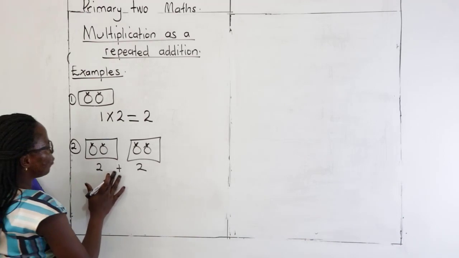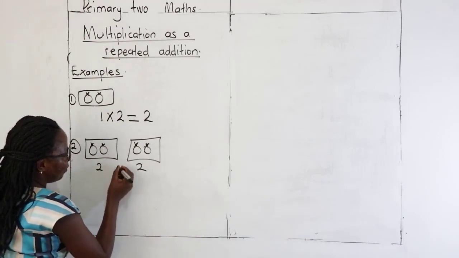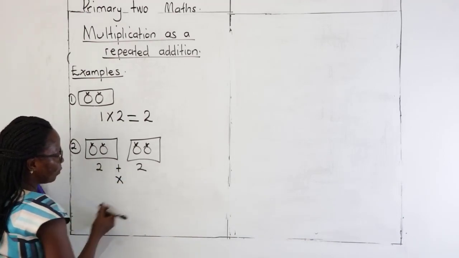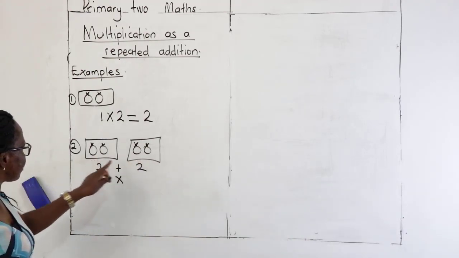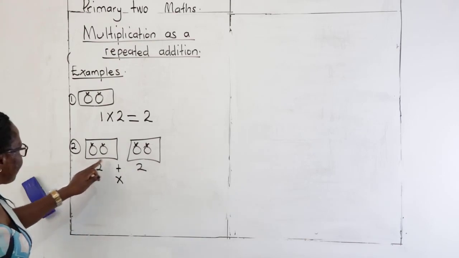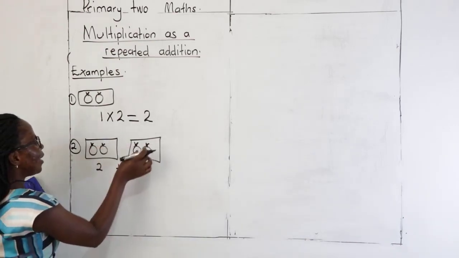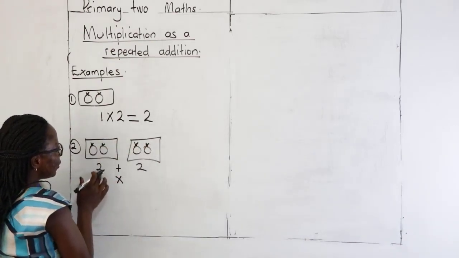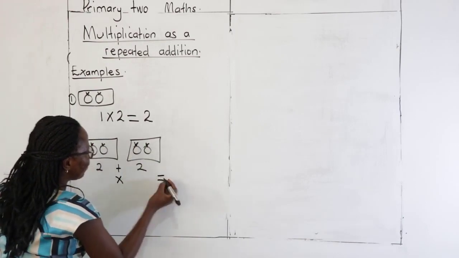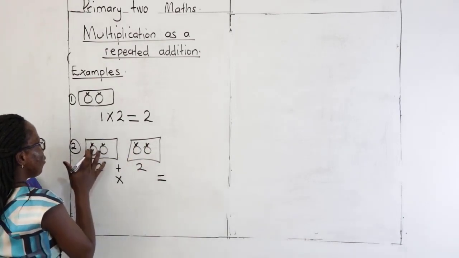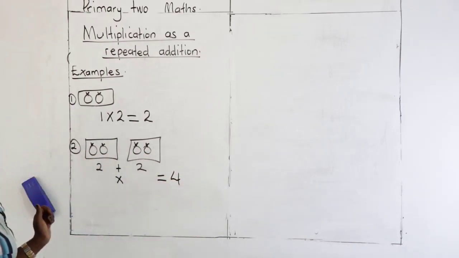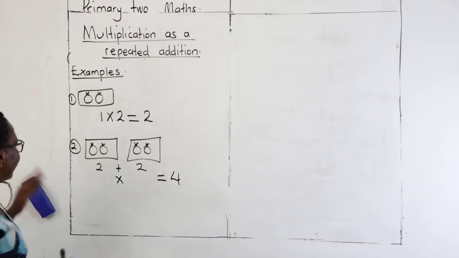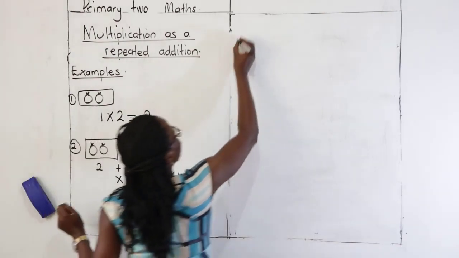Even if I put a multiplication sign, these are 2 groups, times the 2 that are in each. So we count what is there: 1, 2, 3, 4. They are giving us 4 apples. Are we together?